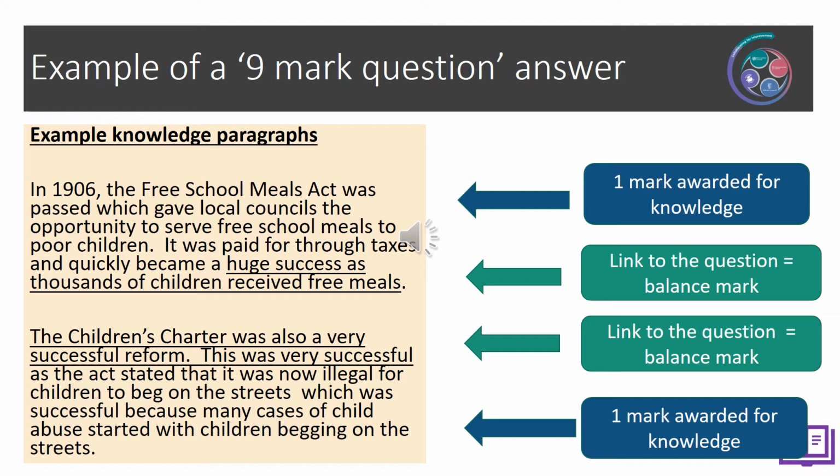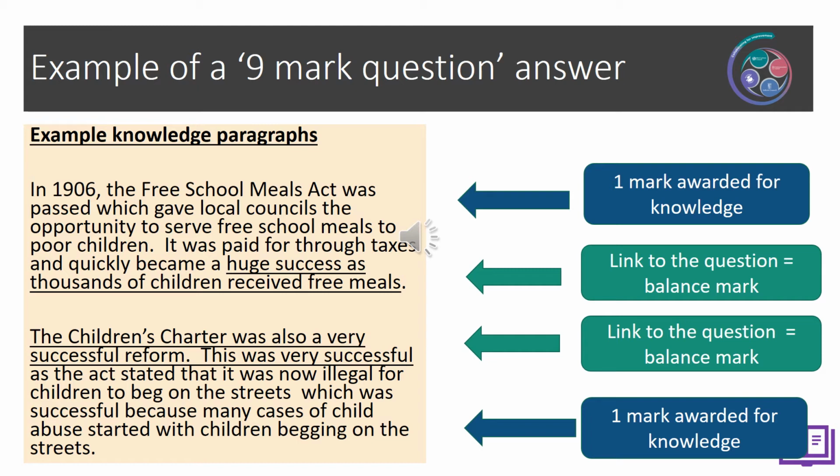It says huge success as thousands of children receive free meals, provided a link to the question. The second paragraph starts with a link to the question. The Children's Charter was also a very successful reform. This is directly answering the question that has been set. The part that follows that is given a mark for knowledge.